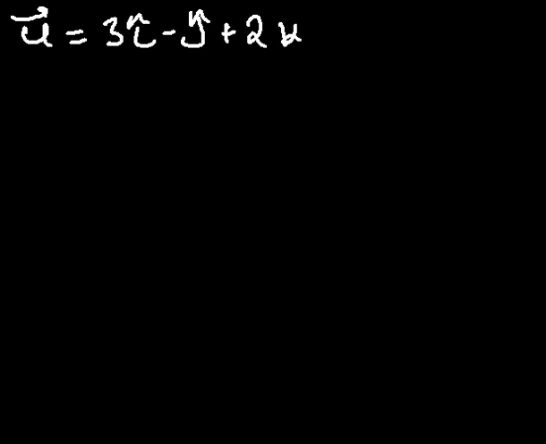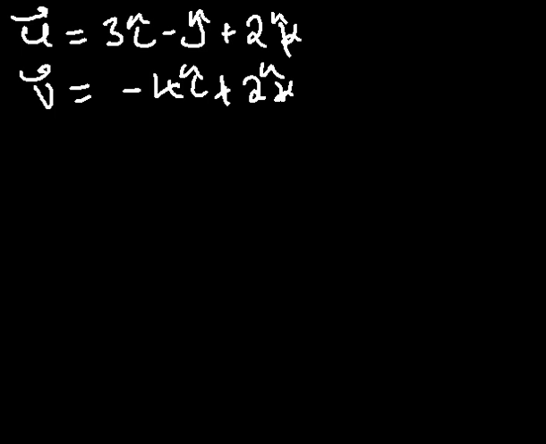Let's say we have these four vectors. We have a vector u given as 3i minus j plus 2k, and a vector v given as negative 4j plus 2k.